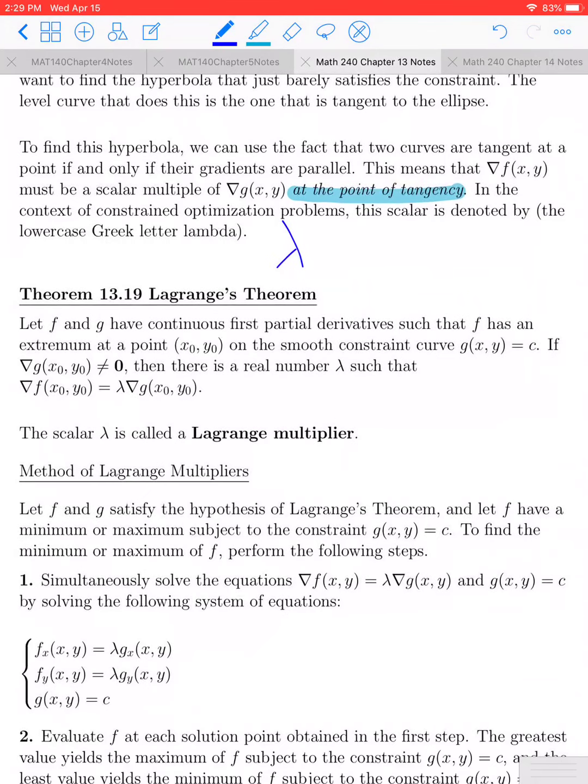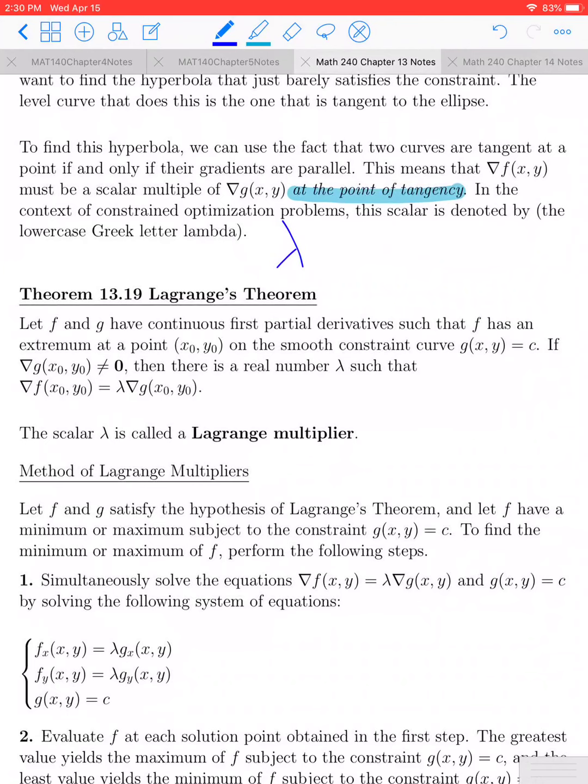What Lagrange's theorem says is that if we have functions f and g that have continuous first partial derivatives such that f has an extremum at a point x0, y0 on the smooth constraint curve g of x, y equals c, if the gradient of g at x0, y0 is not equal to the 0 vector, then there is a real number lambda such that the gradient of f at the point is equal to lambda times the gradient of g at that point.